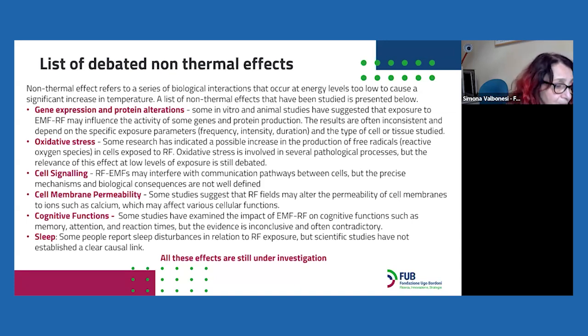Cognitive function. Some studies report that electromagnetic field exposure can have an impact on cognitive function, such as memory, attention, and reaction time. But most double-blind human experimental studies on cognitive performance did not report an association with radiofrequency exposure.